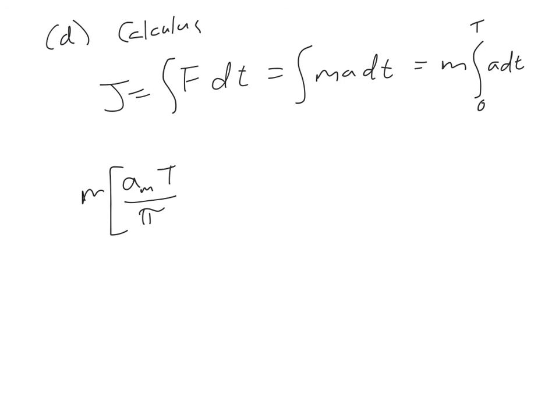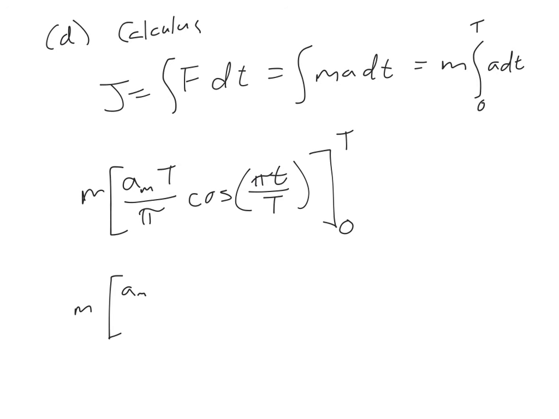So the integral of that ended up being cosine of pi t over T, and we're going to do it through the bounds of 0 to big T, which is m a max T over pi.